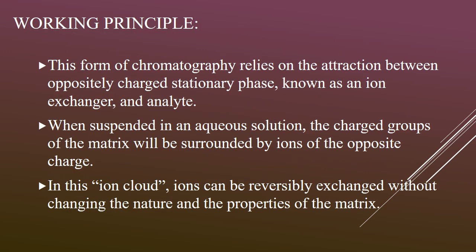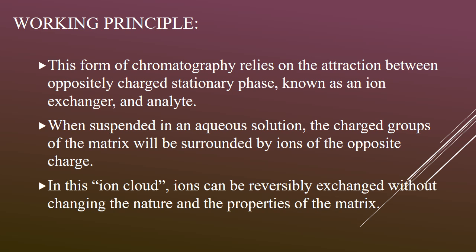Principle. This form of chromatography relies on the attraction between the oppositely charged stationary phase, known as the ion exchanger, and the analyte. The ion exchangers basically contain charged groups covalently linked to the surface of an insoluble matrix. The charged groups of the matrix can be either positive or negative.